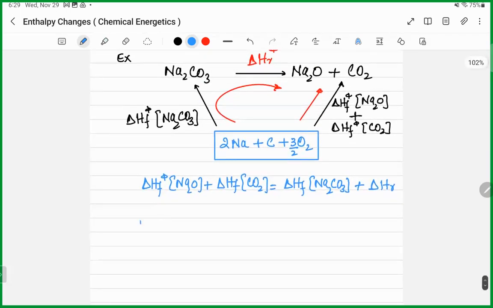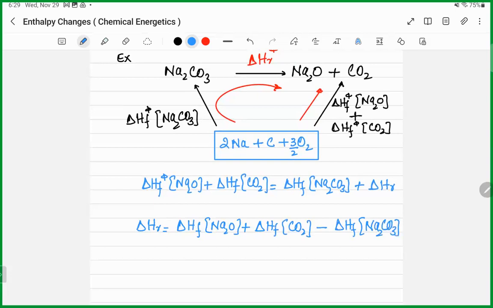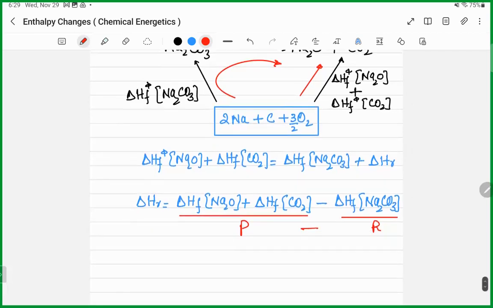Now set the equation for delta HR, which is equal to enthalpy change of formation of Na2O plus delta H formation of carbon dioxide minus delta H formation of Na2CO3. Now you can see this one is product and this one is reactant. The same thing comes: product minus reactant.